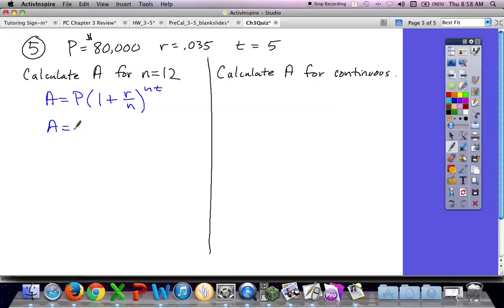It's just plug it in and calculate. 80,000 times 1 plus 0.035 divided by 12 for monthly compounding, to the nt, which is 12 times 5 years.